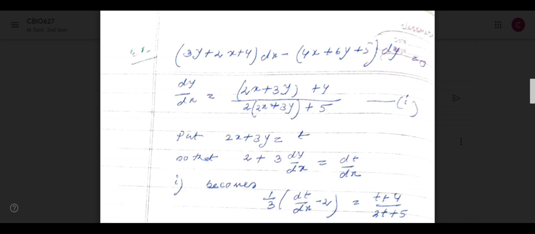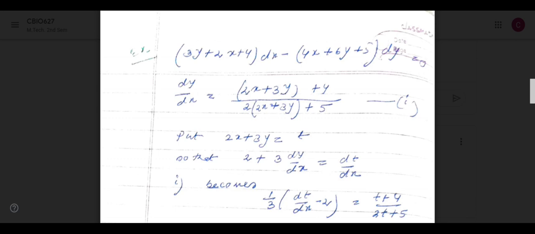What is a? Ma'am, 2. a'? 4. So a/a' is 1/2, no? Yes, ma'am. b/b'? 1/2. So both are equal, meaning case 2 is satisfied.